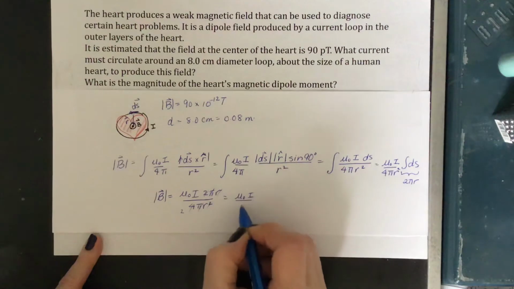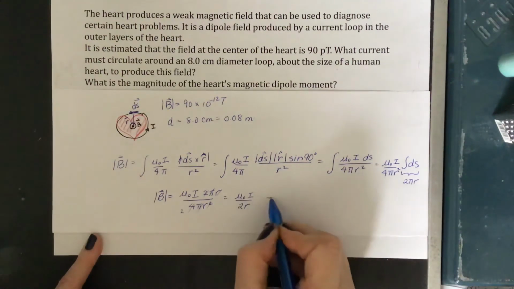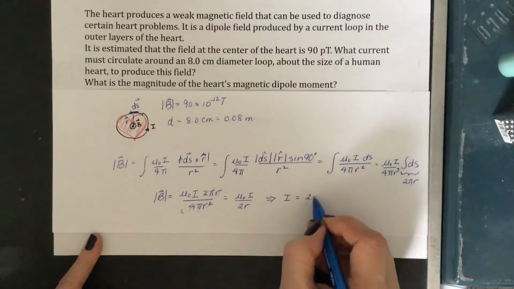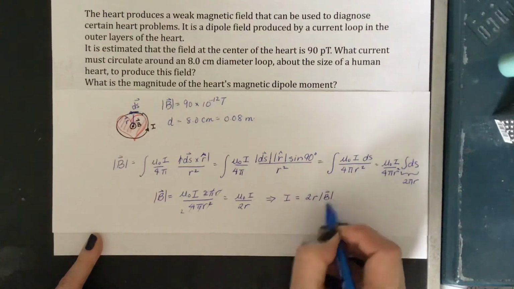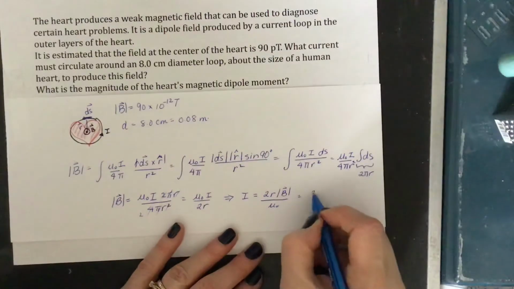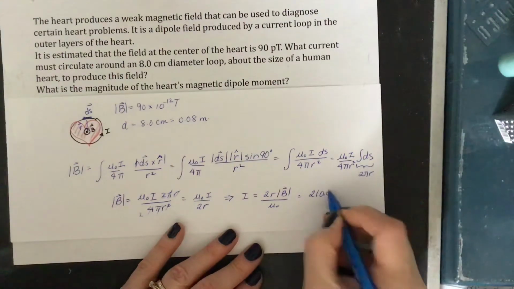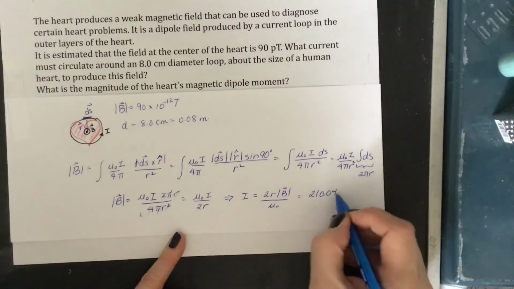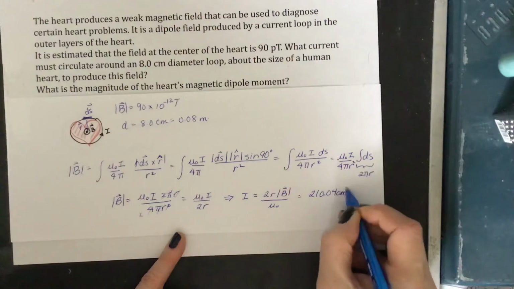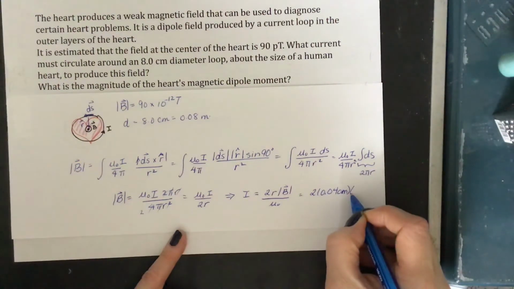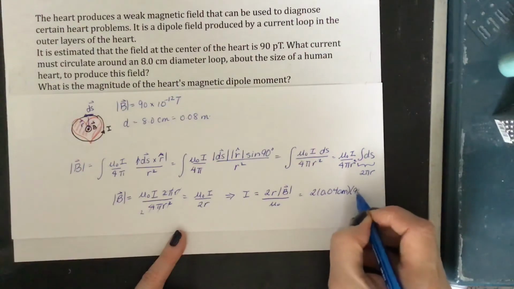So now we have an expression we can use to calculate the current I. I is going to be 2 times r times the strength of the magnetic field divided by mu naught. So 2 times 0.0, careful here, the diameter is 8 centimeters, so the radius is 4 centimeters. The size of the magnetic field, that was our 90 picoteslas.